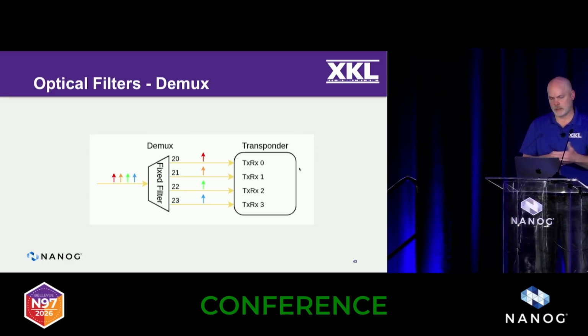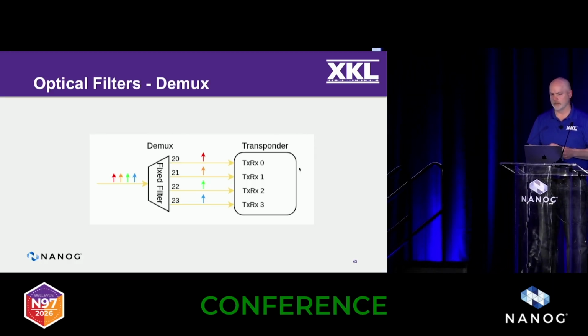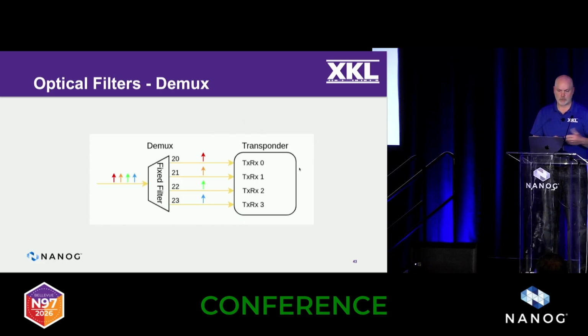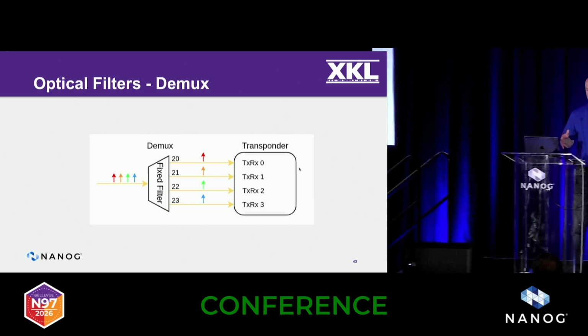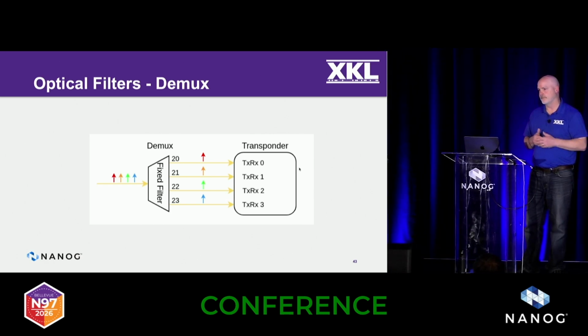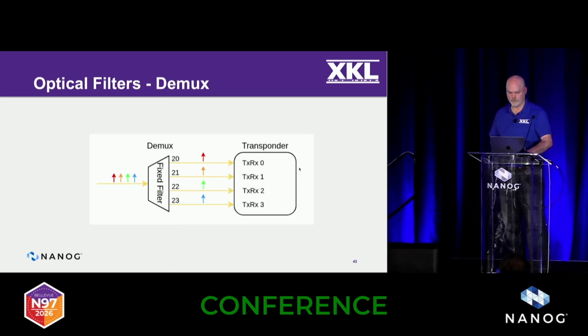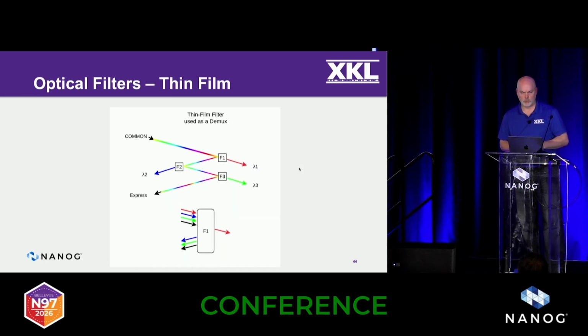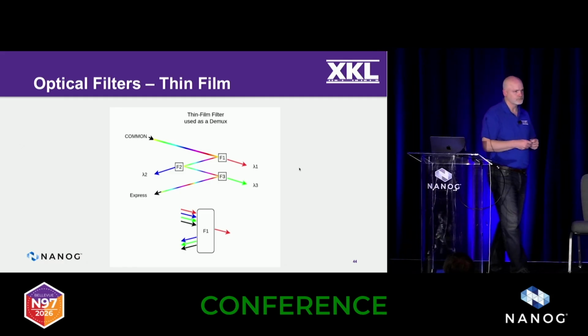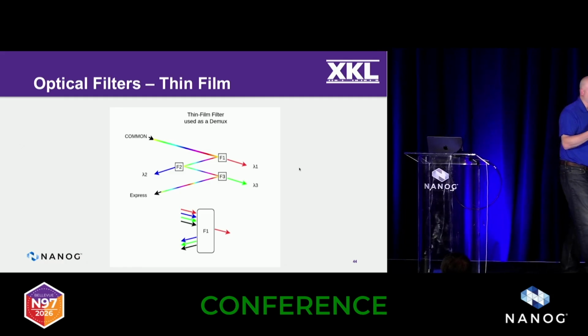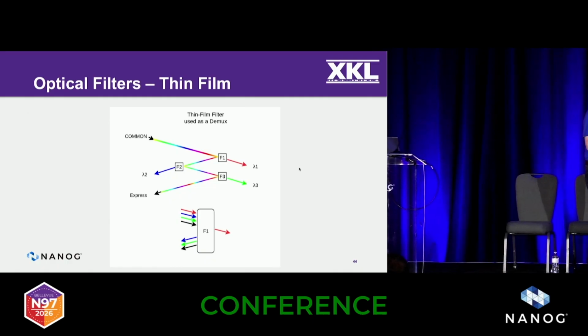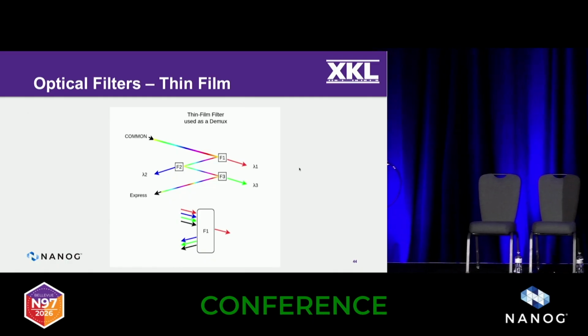We're going to go through an example here with a demux filter. I've got my DWDM signal coming in. I've got 4 colors, and I want that filter to separate those 4 colors out so I can send them to the 4 receivers. So in thin film technology, I think everybody understands that sunglasses help to filter out the light, right?